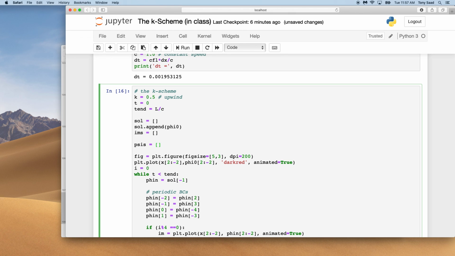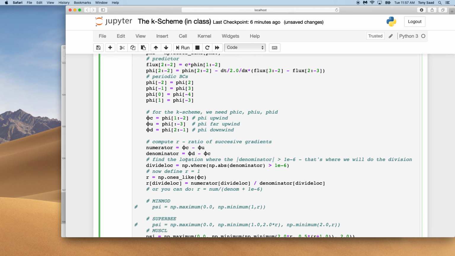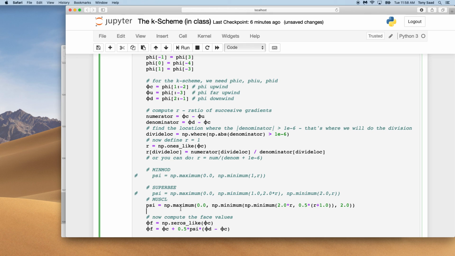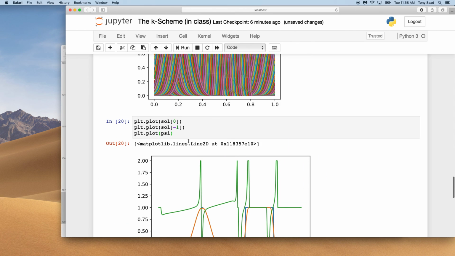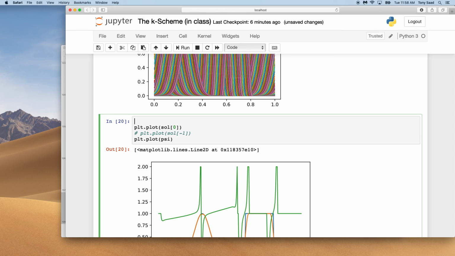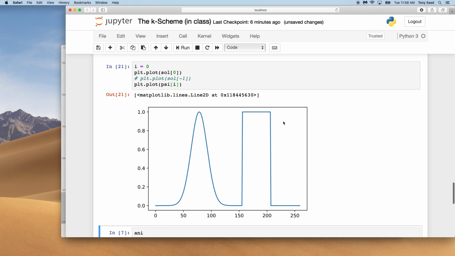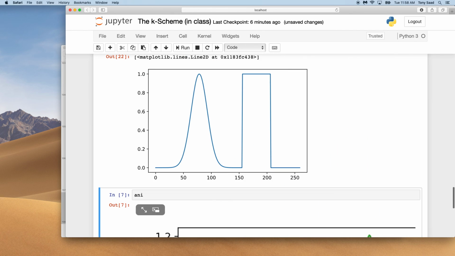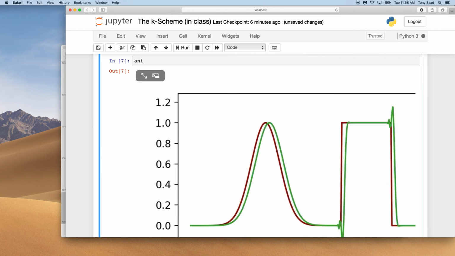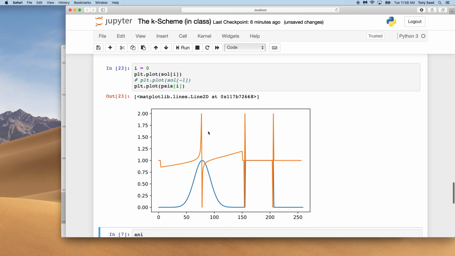Where is psi? psi.append. Okay. So let's run this again. So let's plot psi's, the 0th one. Okay. So this is the initial condition.